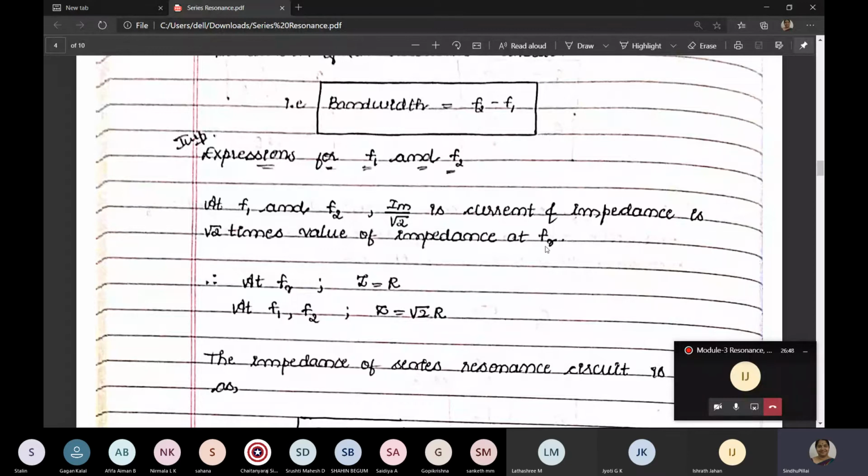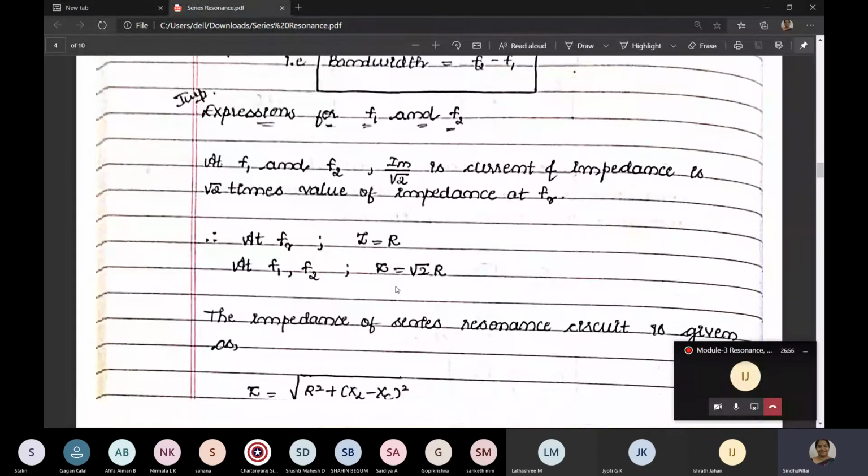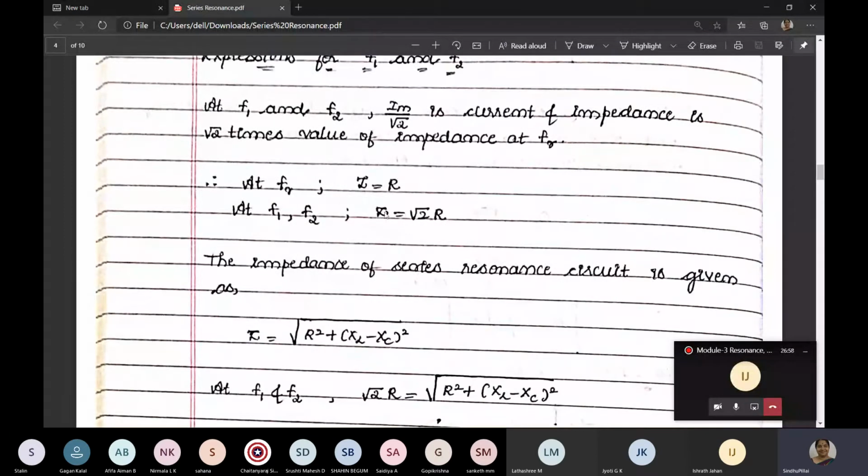At resonant frequency, Z is equal to R, that is impedance is equal to resistance. But at F1 and F2, Z is root 2 times, so it is root 2 into R. So we are writing the impedance at two frequencies: one at FR and the other at F1 and F2.